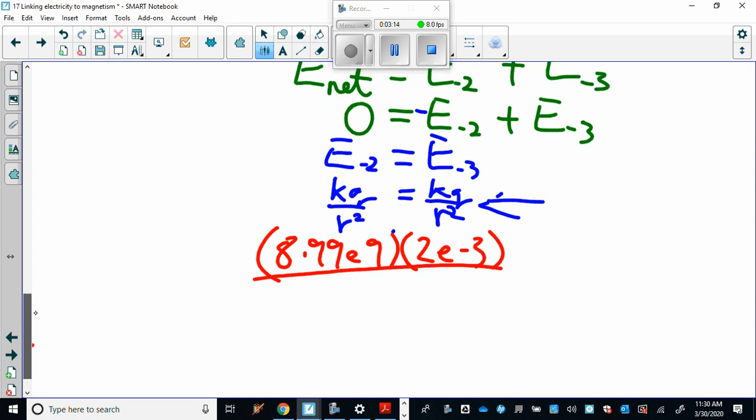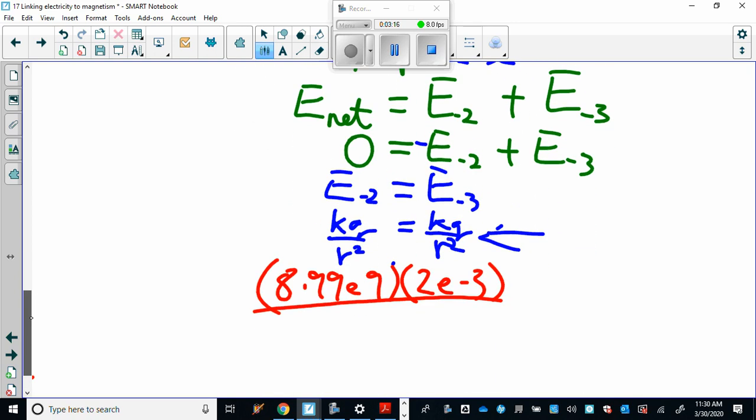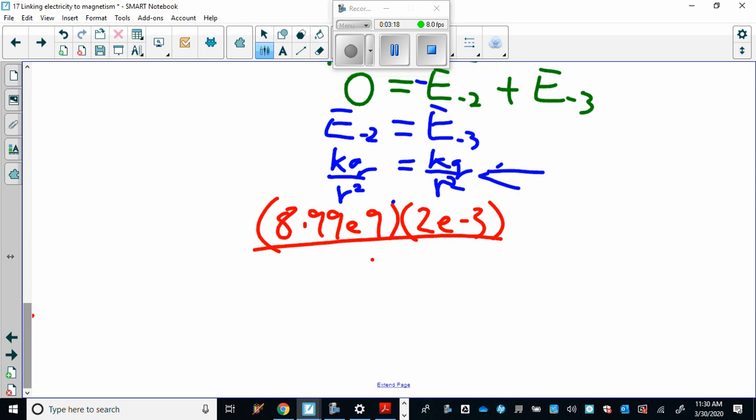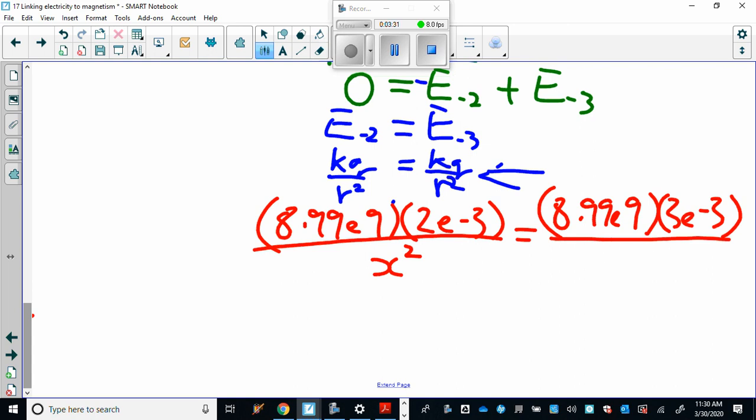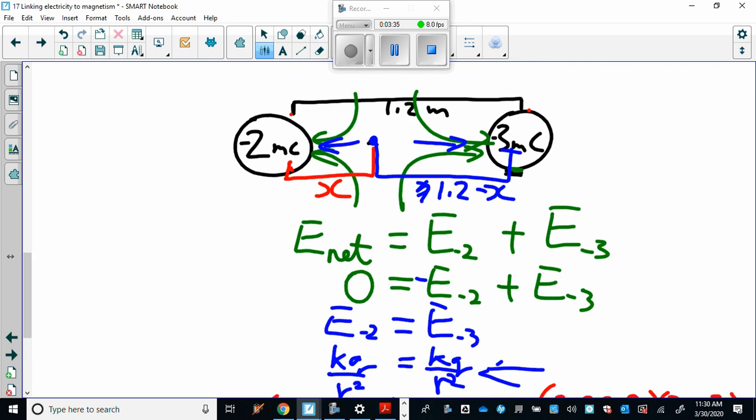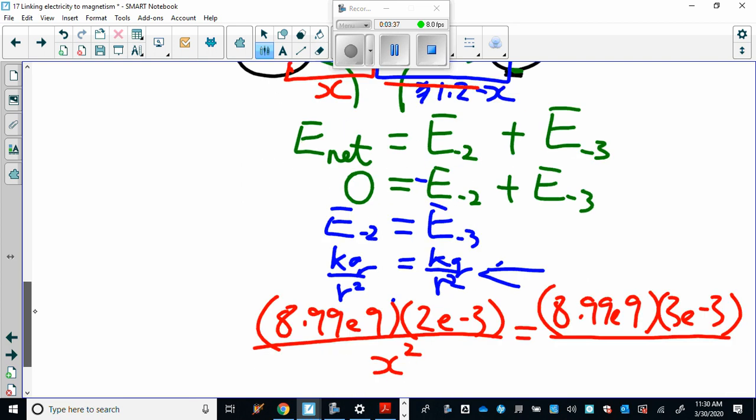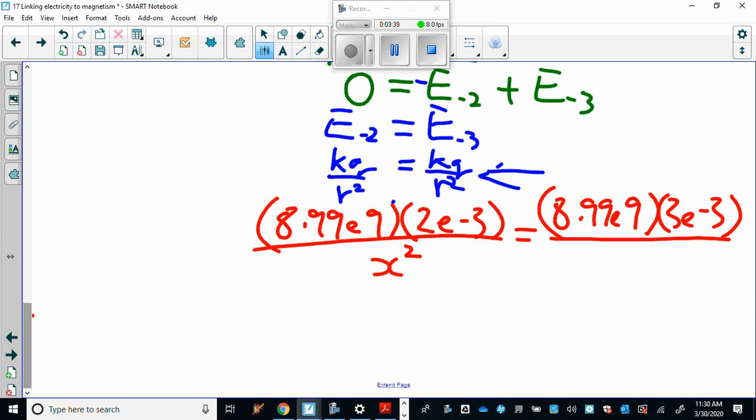And for that one, we said that the distance is x. So it's x squared equals 8.99 times 10 to the 9 times 3 times 10 to the -3. And the distance here is 1.2 minus x, all squared.